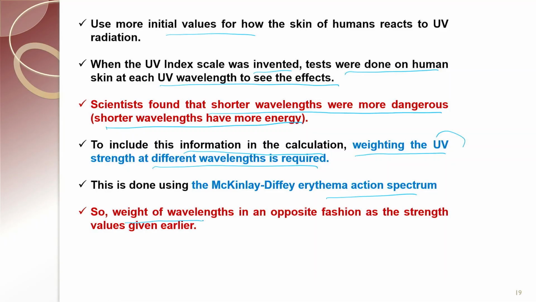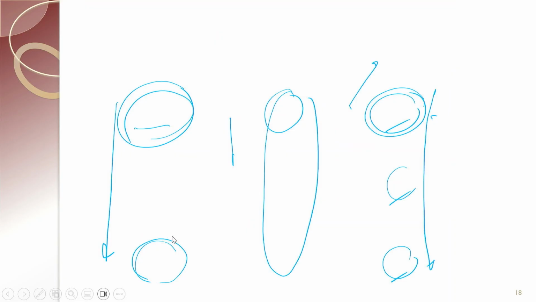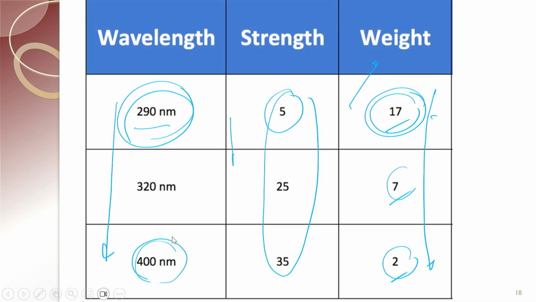So, the weight of a wavelength is in an opposite fashion to the strength value given earlier. The basic thing is, strength shows how much quantity is reaching, and the weight means what energy it is carrying.